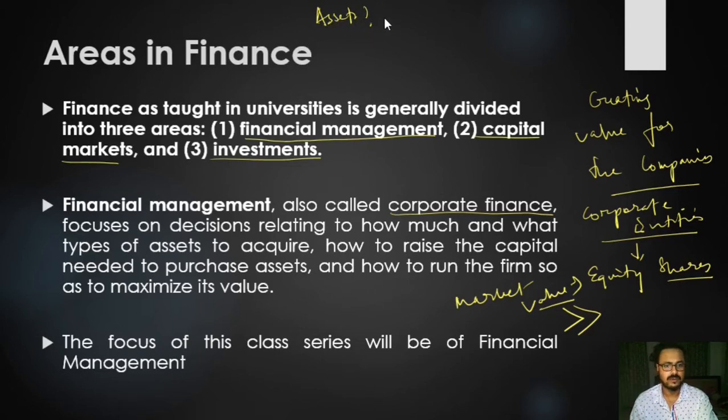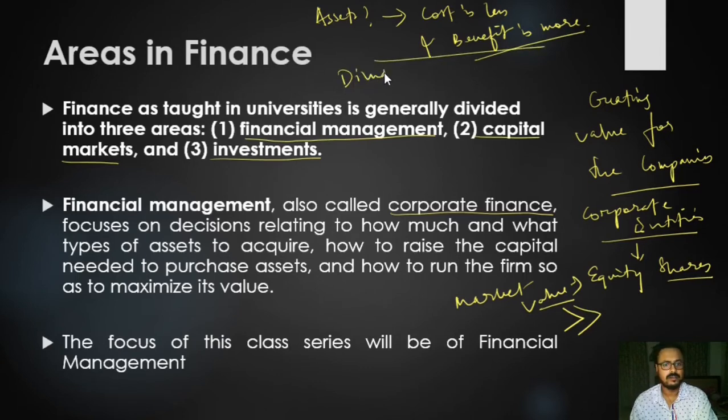From where will these assets be purchased so that the cost is less and the benefit is more? And after this, the dividend decision. These are the questions answered through financial management. We'll discuss all these things in detail in our subsequent videos.